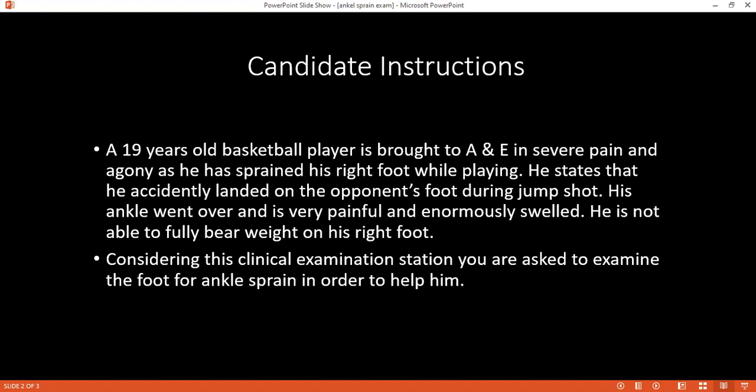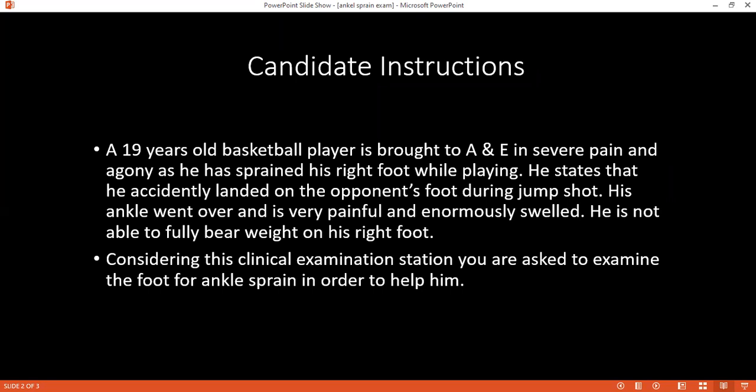Then I also look for the pulses, including the dorsalis pedis pulse and the posterior tibial artery pulse. Then I move on to check the movements of the patient, which include both passive and active movements. I initially ask the patient to actively dorsiflex and plantar flex, as well as do eversion and inversion.